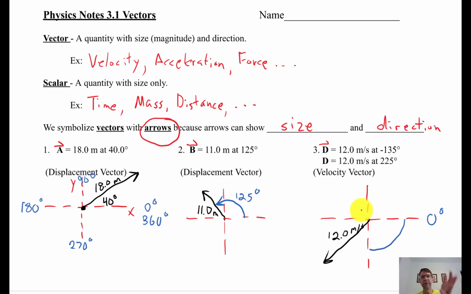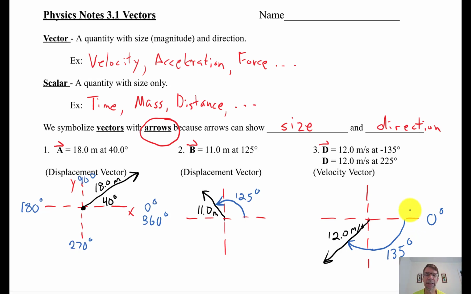You probably don't need to put the units on there right now, but I did. All right, so that angle, all the way from the 0, if I go around there, that arc is 135. Now, one of the rules as we do these diagrams is we don't put negatives on a diagram. It's implied by the fact that I went clockwise. That's negative 135.